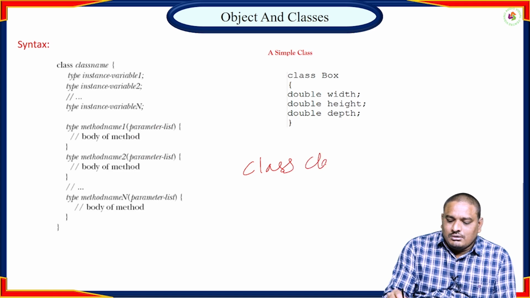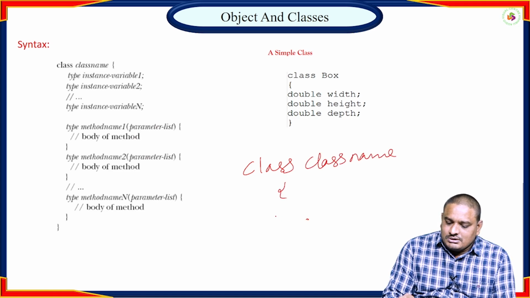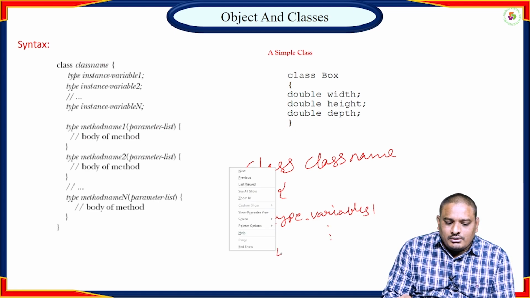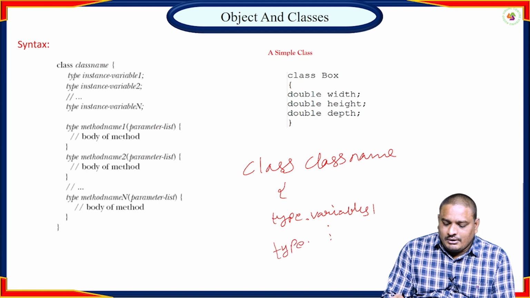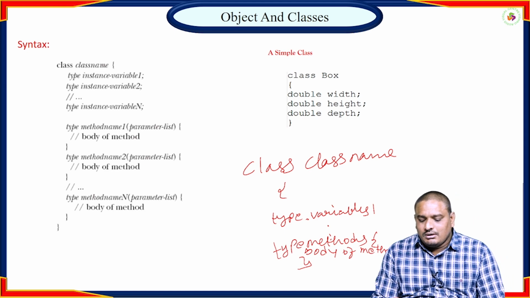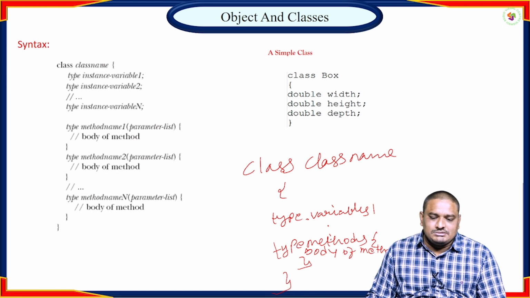Class, class name, then the type and variables, which are called instance variables 1 and 2, and then the type and methods, with the body of the method.